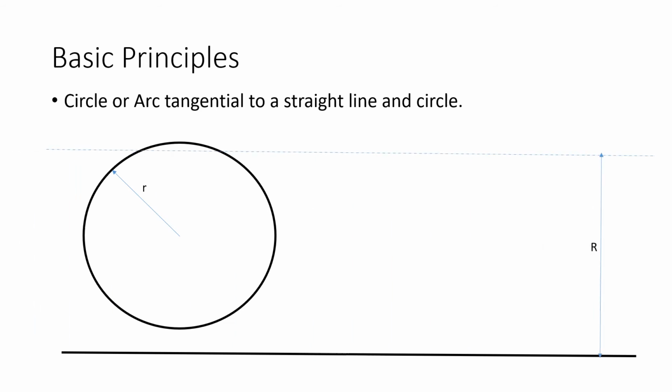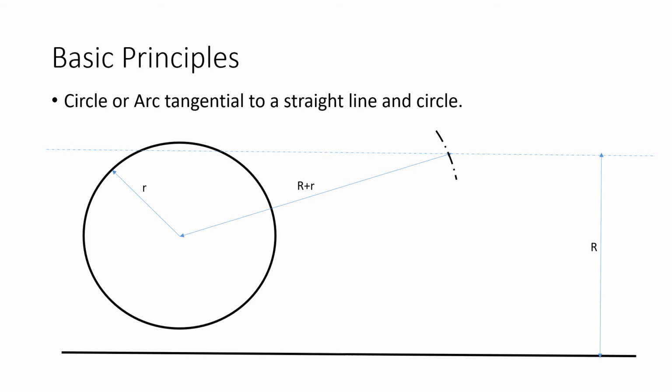Once again, if you have a line, then you offset the required radius. And for a circle, we would need an arc of radius R plus R, because this is going to be an external tangent, because the circles' radii are going to be on the opposite side, outside of each other.